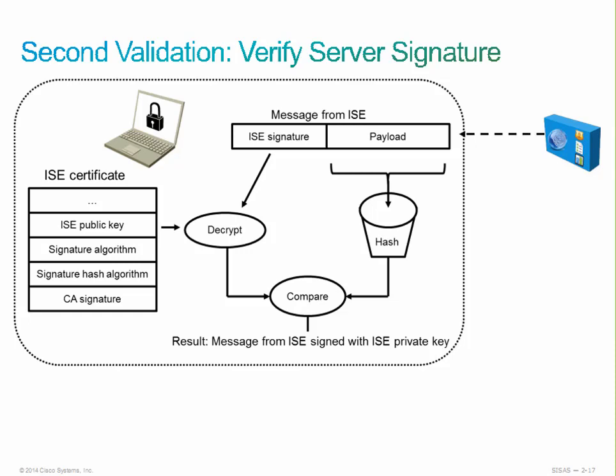We compare the two hashes, and if the hashes are the same, then we verify the authenticity of the payload information as well. So not only are we identifying the ISE platform, but we're using this process to also verify whether or not the data or the payloads that are being sent back and forth between the ISE server and the client are valid, right?